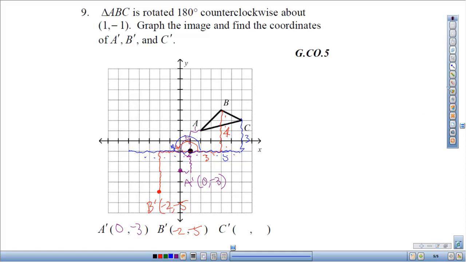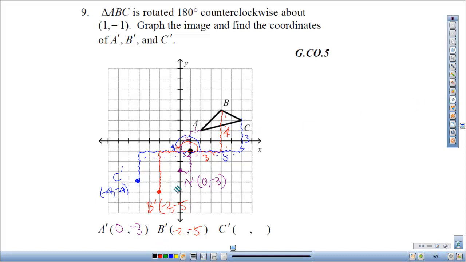Oh, I went a little too far. So let me come back a little bit. There's 5 right there. And now down 3. 1, 2, 3, there's the spot. So there is C prime, and it's over 1, 2, 3, 4, -4, and how far down? 1, 2, 3, 4, -4. So C prime is -4, -4, and I will draw in my triangle.